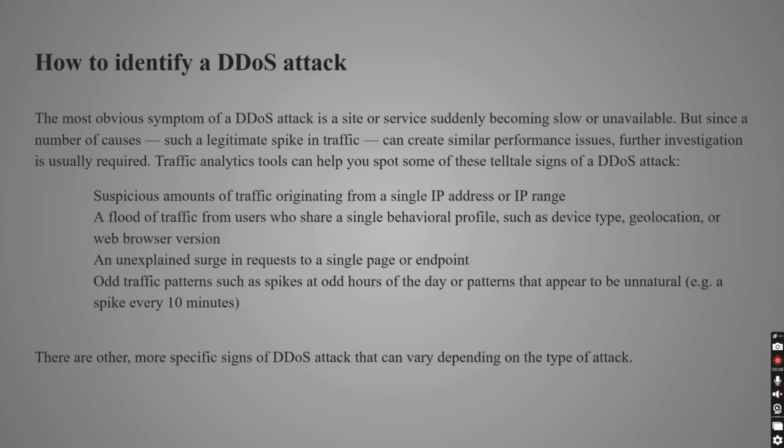How can a DDoS attack be identified? It can be identified when a website or a service suddenly becomes slow or unresponsive. However, since normal traffic surges can cause similar issues, further investigation can be needed.